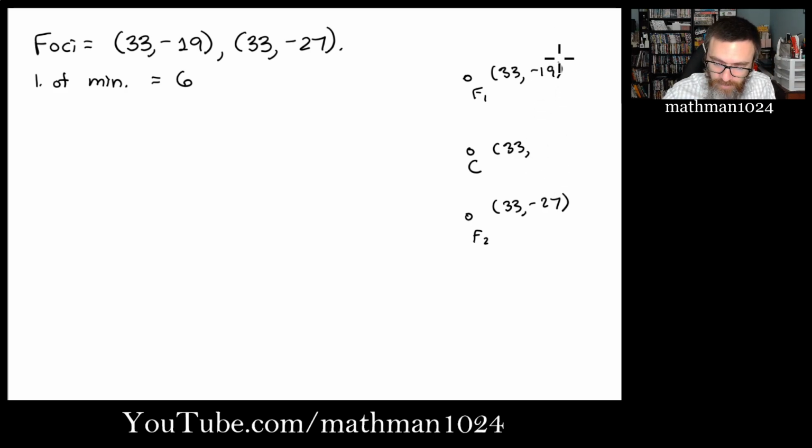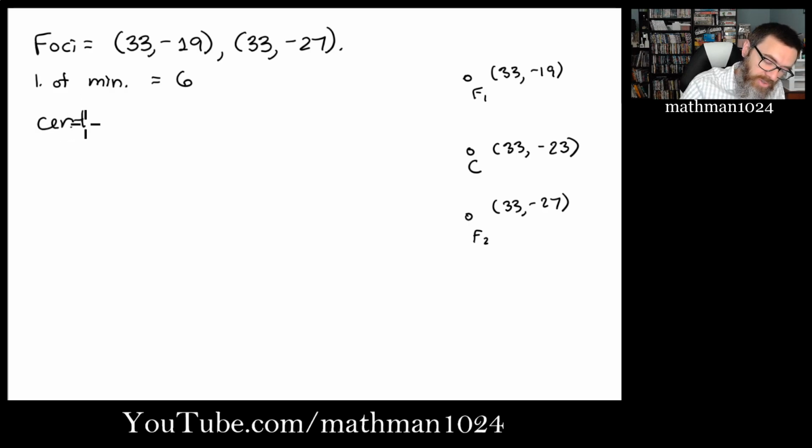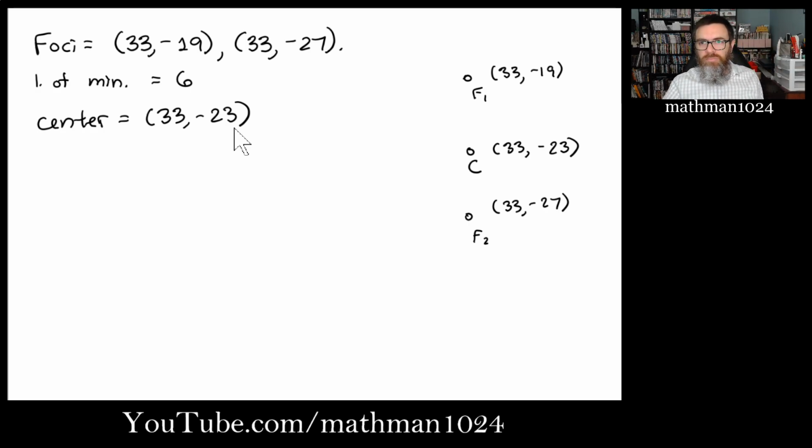So, negative 19, negative 27 combined to give you negative 46. Half of that is negative 23. All right, so my center is 33, negative 23.